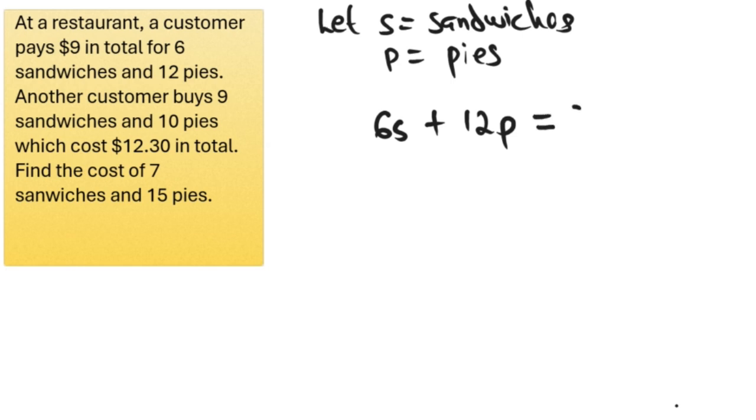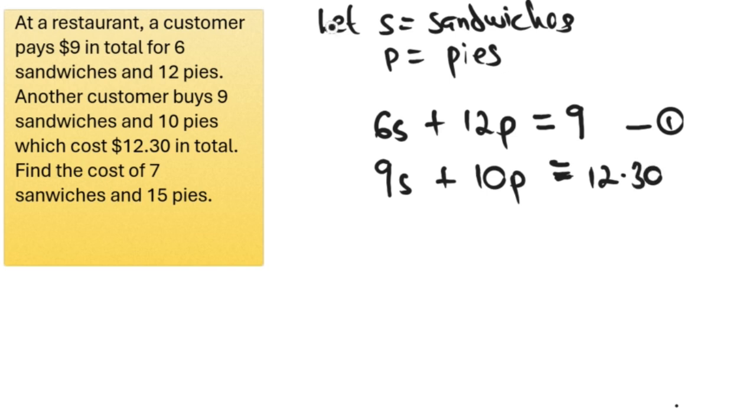And the total amount is $9. So that will be equation 1. Then the other one says another customer buys 9 sandwiches and 10 pies, which costs $12.30. So that becomes our equation 2.